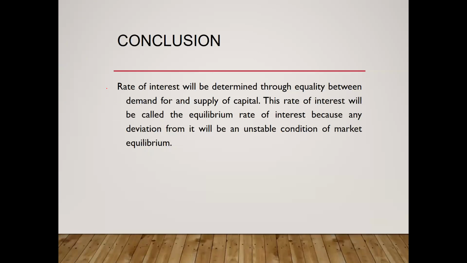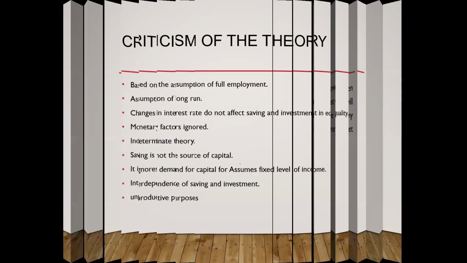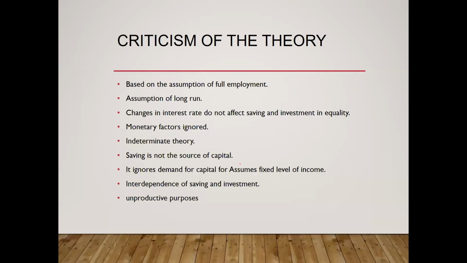Finally, we can conclude that the rate of interest will be determined through equality between demand for and supply of capital. This rate of interest is called the equilibrium rate of interest because any deviation from it will be an unstable condition of market equilibrium. I hope this demand and supply is clear to you.